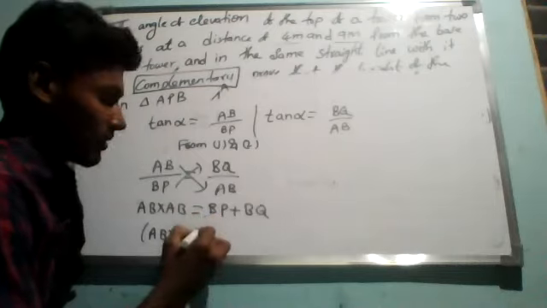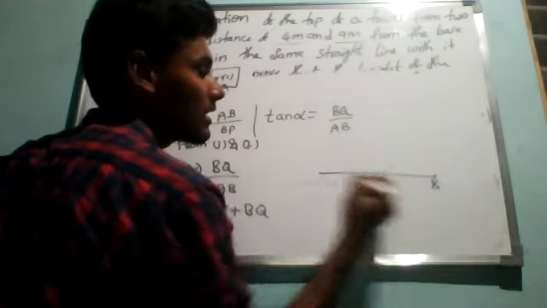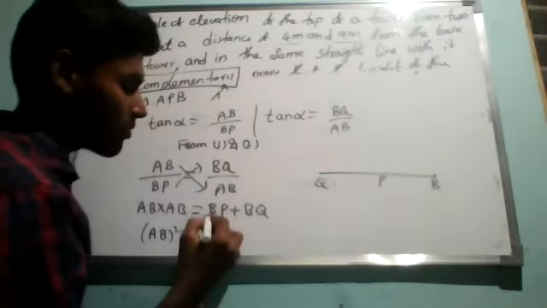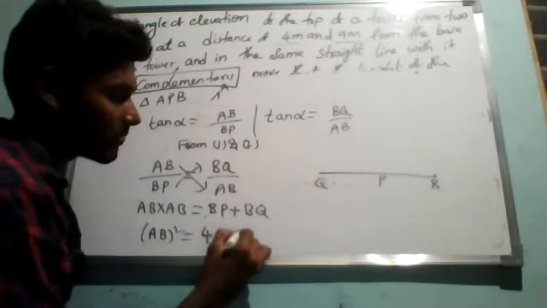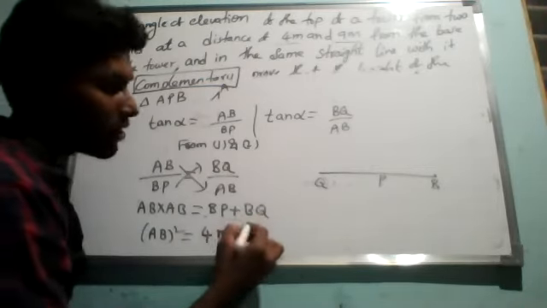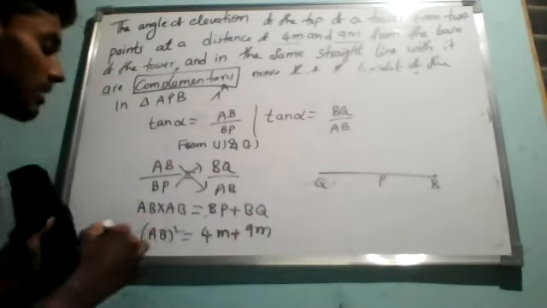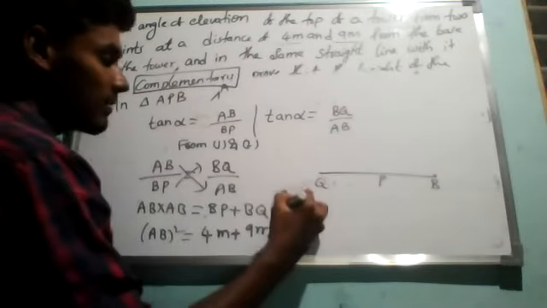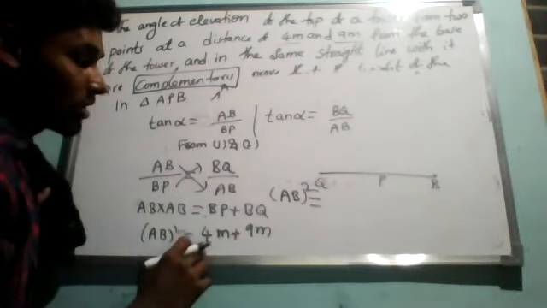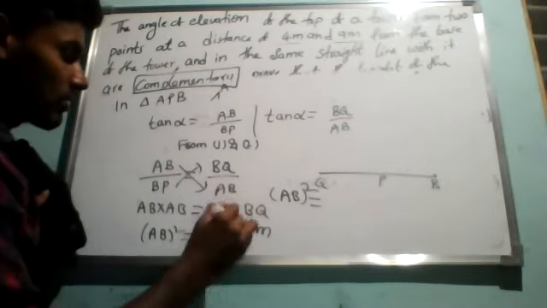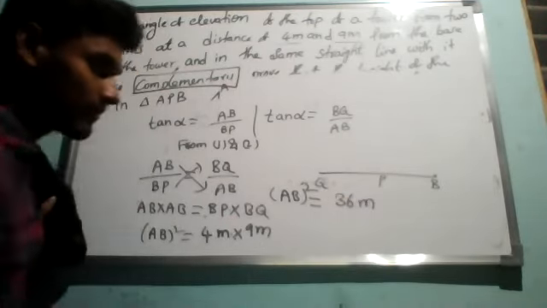Here P, B and this is Q. BP is 4 meters, and BQ is 9 meters. So AB whole square is equal to 9 into 4, which is 36 meter square.